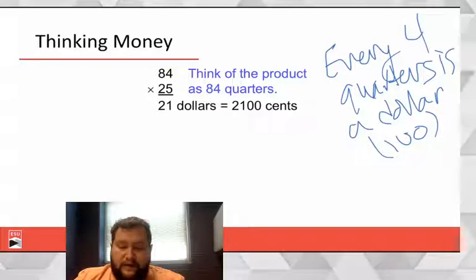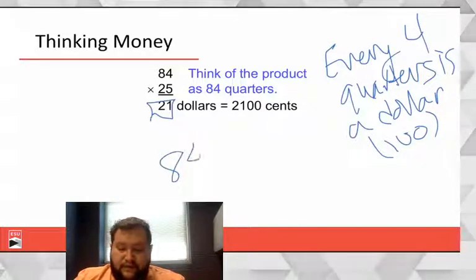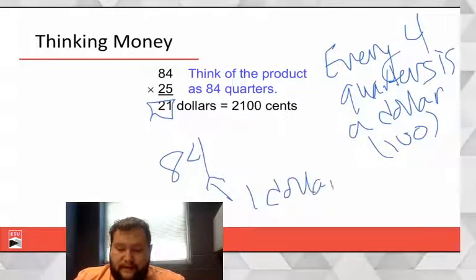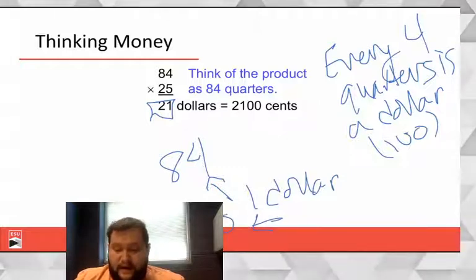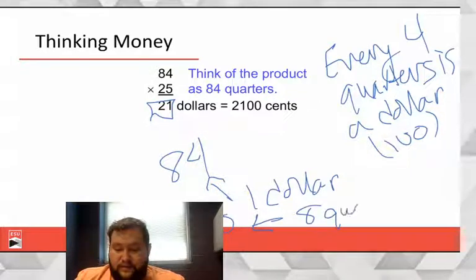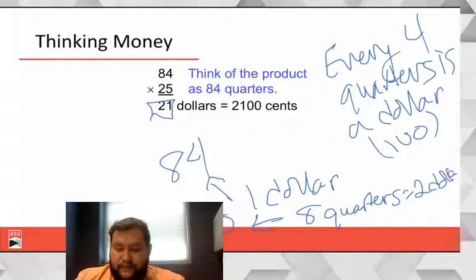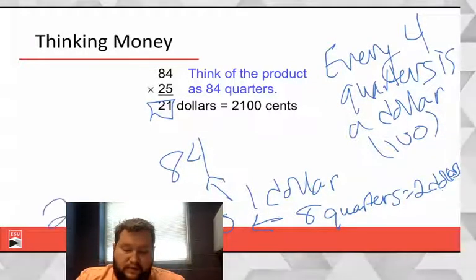Well, we know there are 21 of them because 84, well, we take $1 off. And then I have 80. And so I know that 8 quarters is $2. And I have 10 groups of 8 quarters. So 10 times 2 is 20, plus 1, 20, plus 1 is 21.